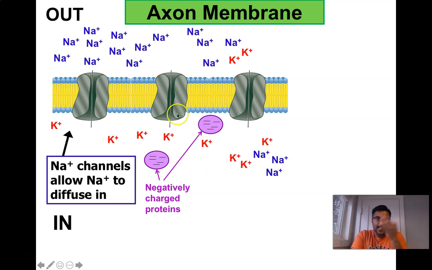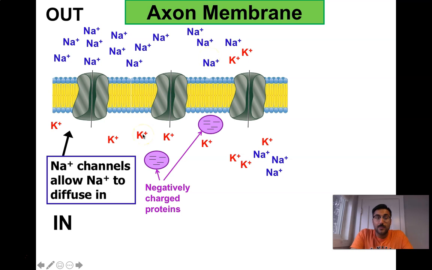Even though sodium is positive and potassium is positive, these negatively charged proteins, which we won't get into the details of here, are hanging out with the potassiums. Wherever potassium goes, those proteins are going to go. And that means the inside is going to be more negative relative to the outside. And this is why you have that negative 70 millivolts. The inside of the neuron at rest is normally much more negative than the outside. So the charge difference here is minus 70 millivolts.